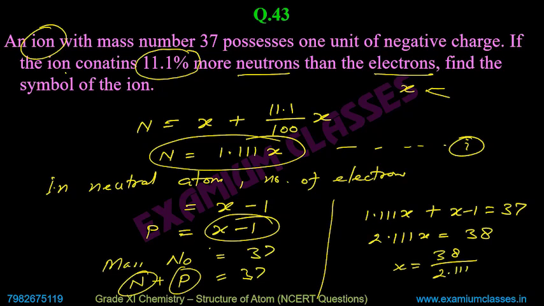So it will be less than 19. It will be approximately 18. 38 by 2 would have been 19, but it will be 18.